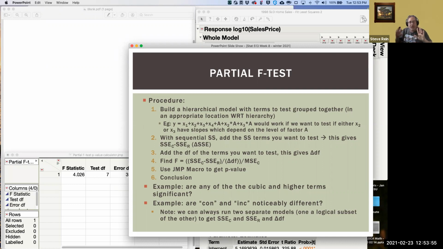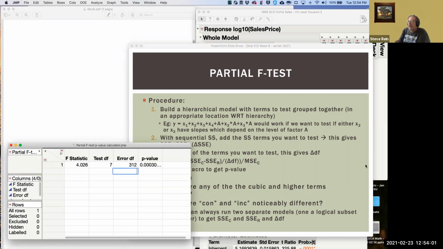So I need to add this to the lab, the partial F test calculator. And do you want to just take a break right now, or do you want me to put you in the groups and then it'll take me a minute? Do any of you? Okay, I'm thinking this through in my head and none of you are commenting.